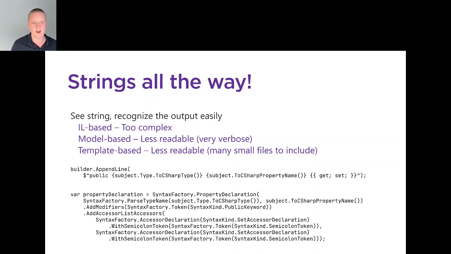On the slide here, I have two examples of writing a very simple public property for a specific type with a specific property name. You'll see the string version first, which is just a one-liner and essentially almost what you would see in the generated code. So it's easy to map back and forth between generated code and the code generator if you want to browse through it.